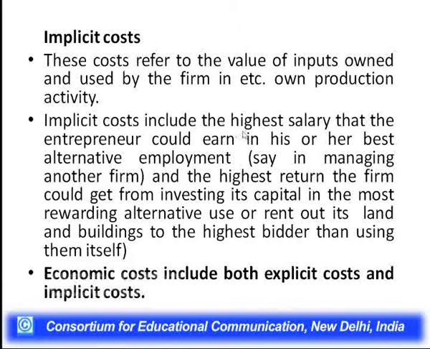It will include the highest salary that the entrepreneur could earn in alternative employment, say in managing another firm, and the highest return the firm could get from investing its capital in the most rewarding alternative use, or from renting out its land and buildings to the highest bidder rather than using them itself.